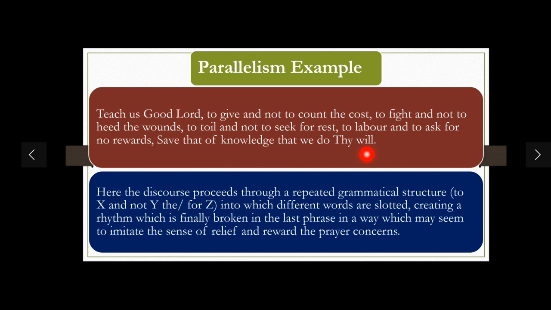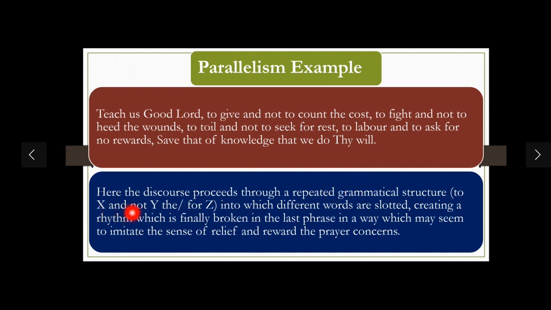So this is the example of parallelism. This structure, to give and not to count the cost, to fight and not to heed the wounds, is repeated in the second, to toil and not to seek for rest, and the third, to labor and to ask for no rewards, and that is the fourth. And the last one summarizes: save that of knowledge that we do thy will.